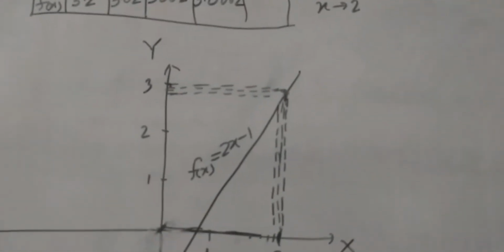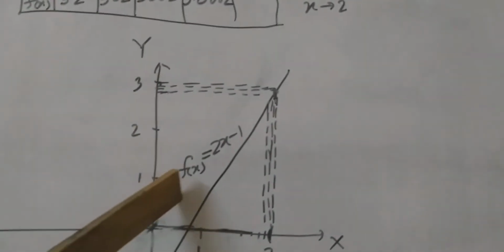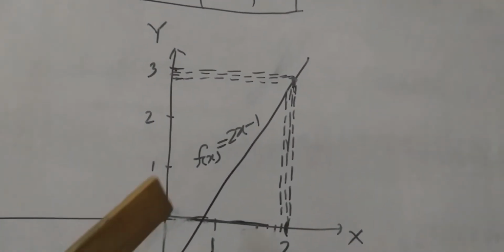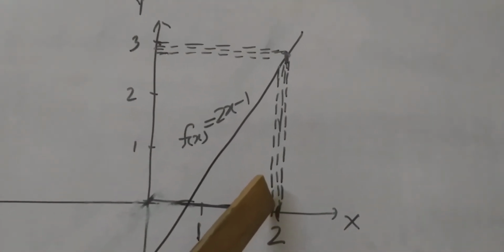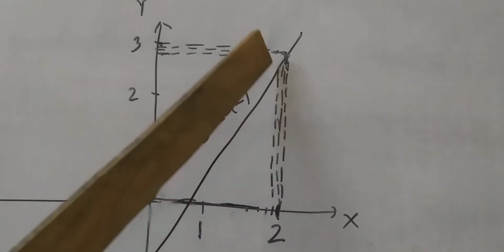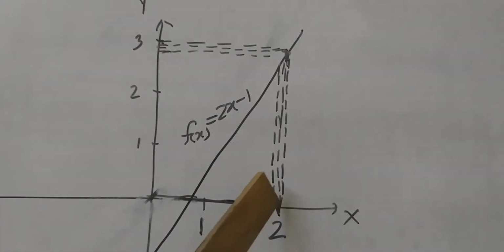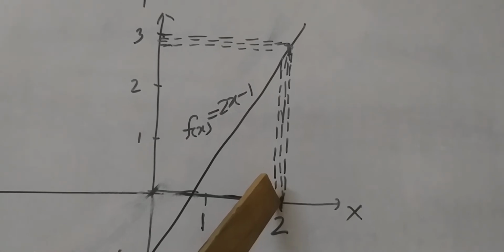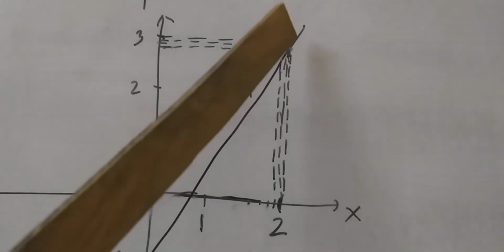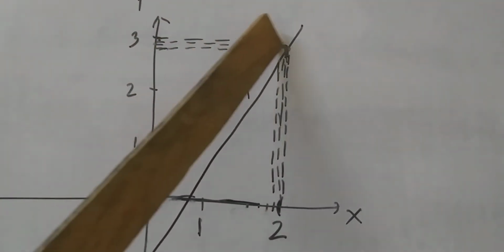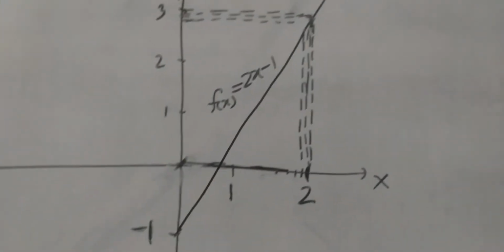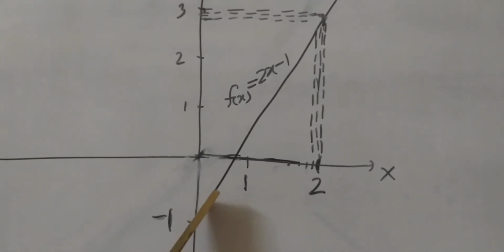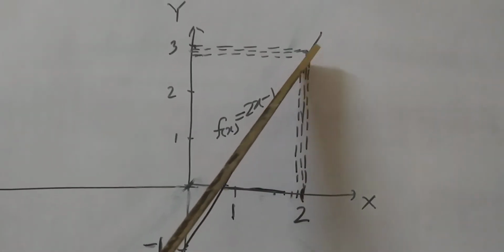You can see here, students, this graph of f(x) equal to 2x minus 1. When the value of x is a little bit less than 2, the value is approximately 3, and when x is a little bit more than 2, the value of the function is also 3. You can check the graph, there is no break, no jump.